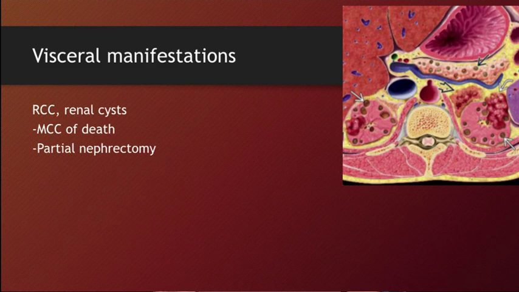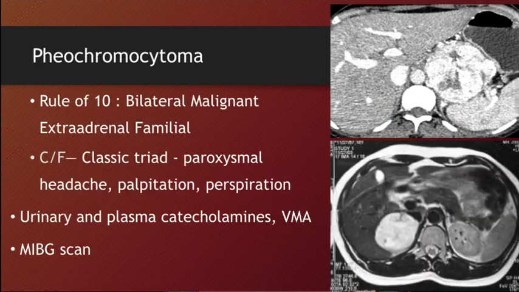Also, there will be NETs, which is not shown here. And what you can see here in the adrenal, so this is the normal Y-shaped adrenal on the right side. However, on the left side here, what we can see is that there is a tumor which is nothing but the Pheochromocytoma. So this is a nice schematic showing all the visceral manifestations of VHL.